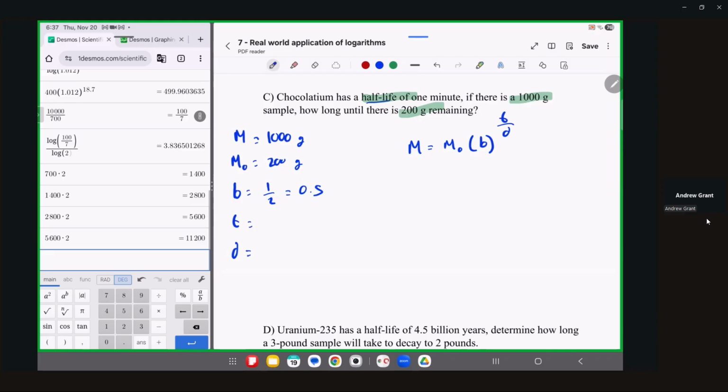T is the time. We don't know how long it takes, but we know it's in minutes. And D is the half-life. How long does it take for this to occur? It's got a half-life of 1 minute, so it'll just be 1. So it'll be similar to the ones above. Oh, I have this backwards.